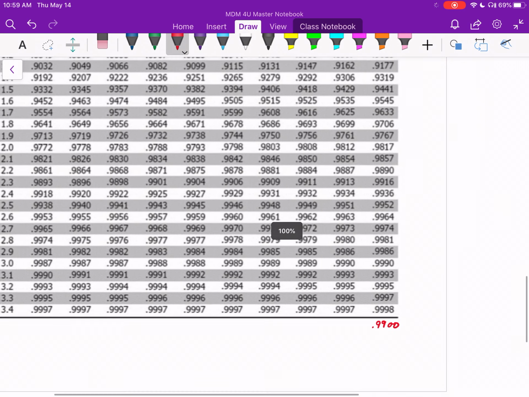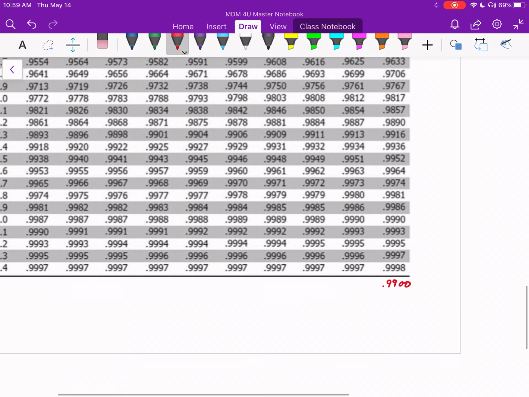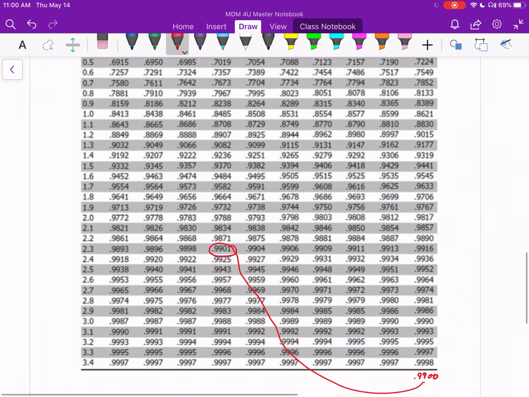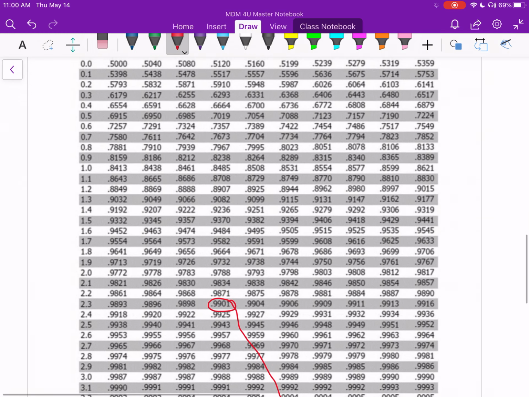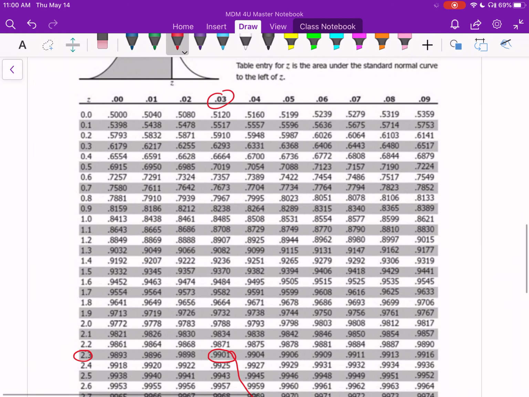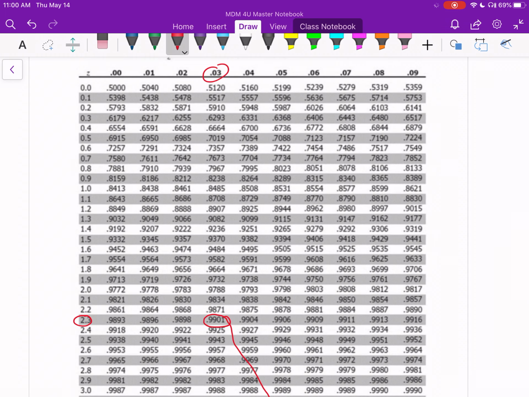We don't find that exactly, but we find it approximately. The closest I can find is right here, 0.9910. So working backwards, that means we're in the row that has 2.3 and the column that has 0.03. So when I put that together, I get 2.33.